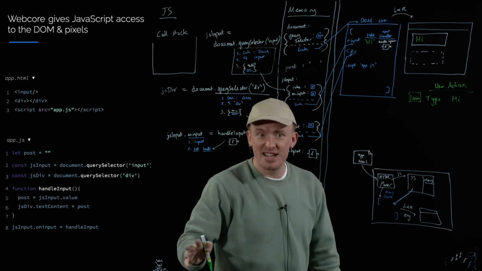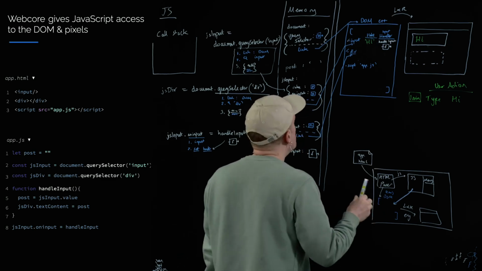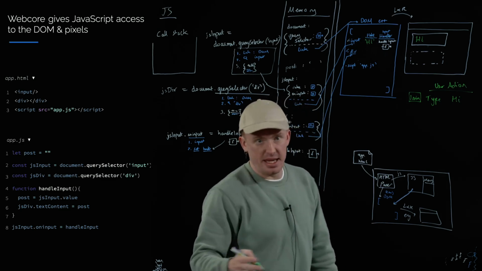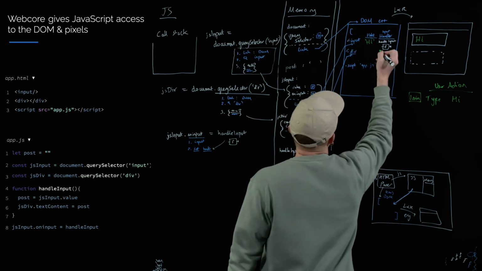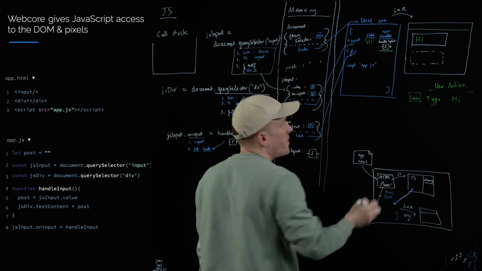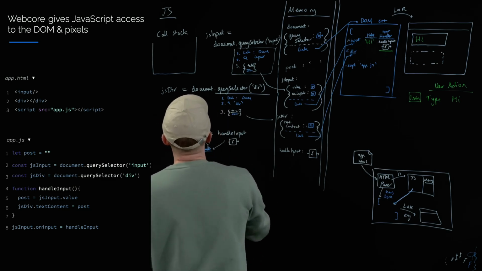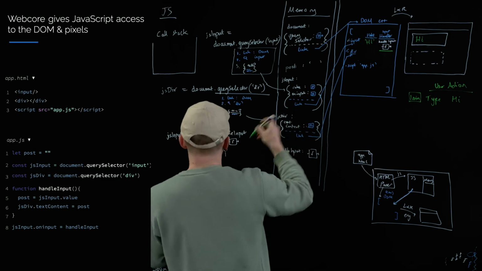Don't panic. The DOM API, particularly its event API, is going to trigger this function to be called back into JavaScript, where it will, where should we put it? Let's actually put it at the top here.